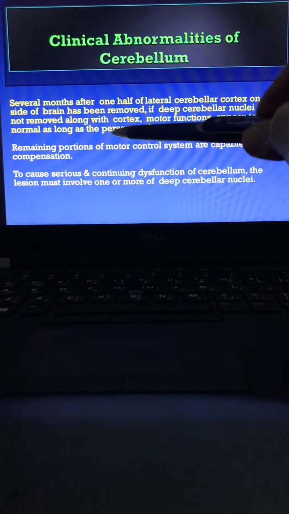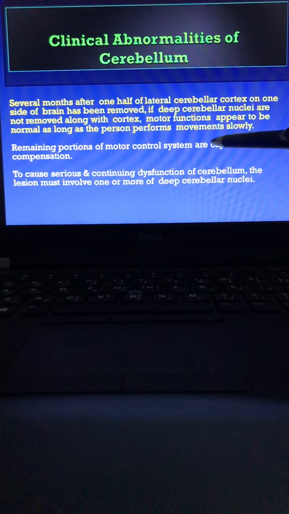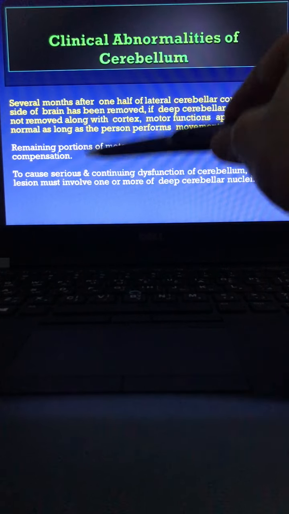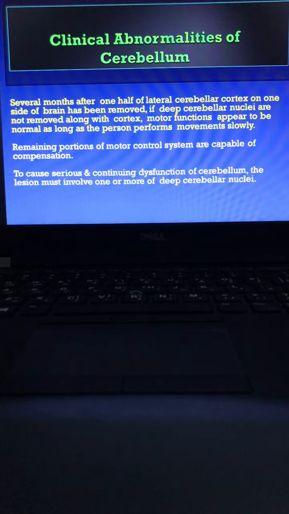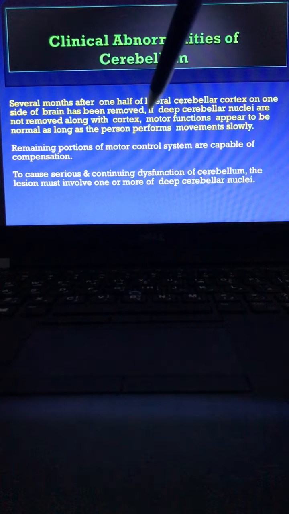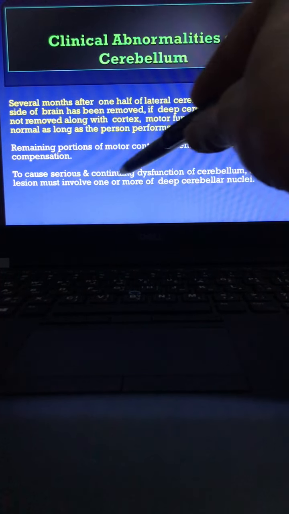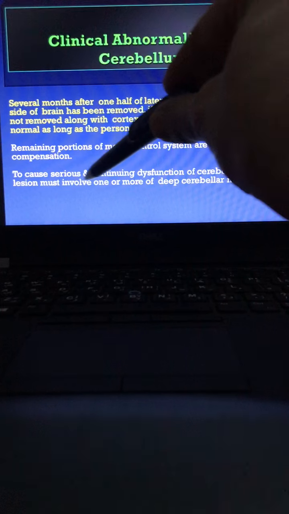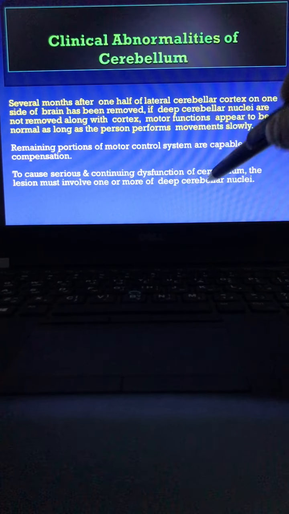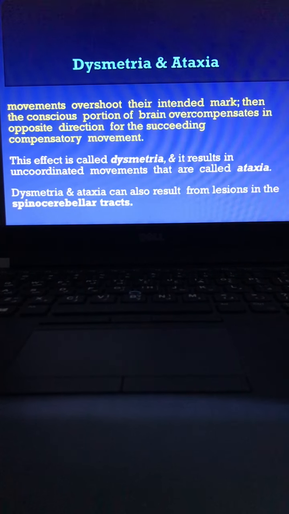The remaining portions of the motor control system are capable of compensation. It can compensate if the deep cerebellar nuclei remain, meaning if only the cerebellar cortex was injured without reaching the deep cerebellar nuclei, and if the movement is slow. To cause serious and continuing dysfunction of the cerebellum, which we usually see in patients, the lesion must involve one or more of the deep cerebellar nuclei.